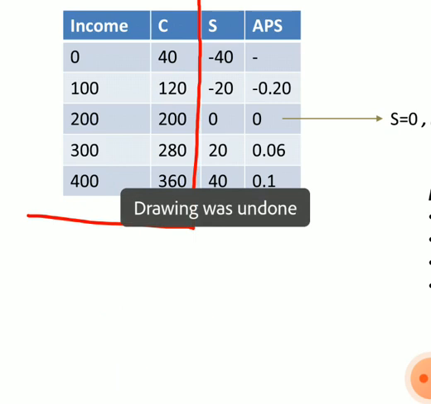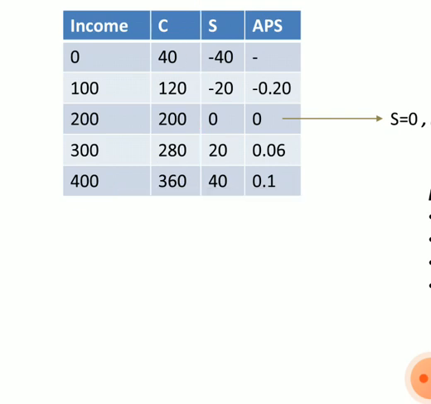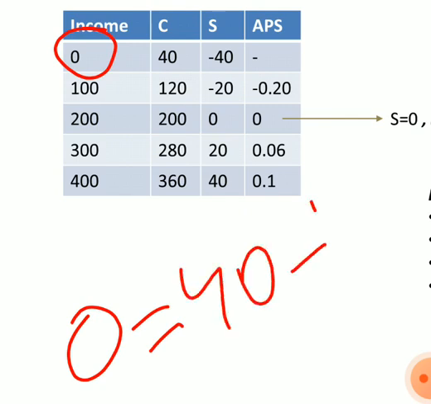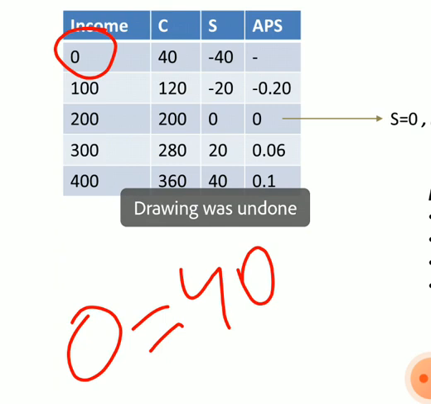Here, if our income is 0, then 40 consumption and minus 40 savings. So 40 minus 40 is 0.